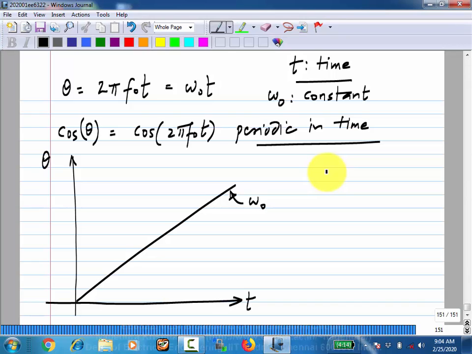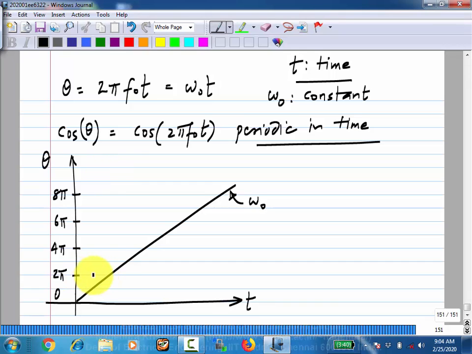So now I know that basically this function is periodic with a period 2 pi, right? As theta goes from 0 to 2 pi to 4 pi, 6 pi, 8 pi, etc., the function repeats.